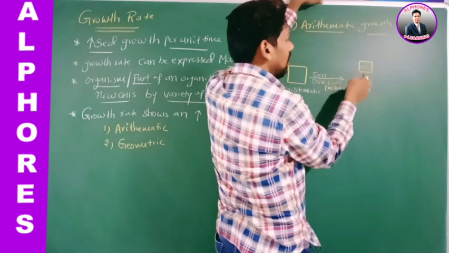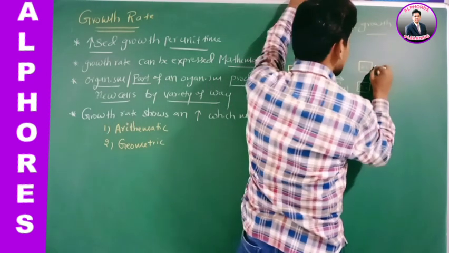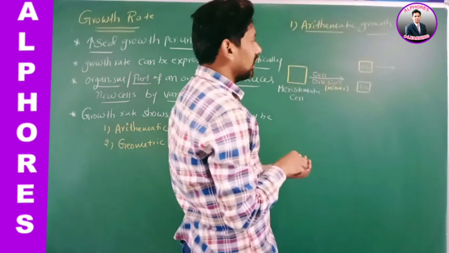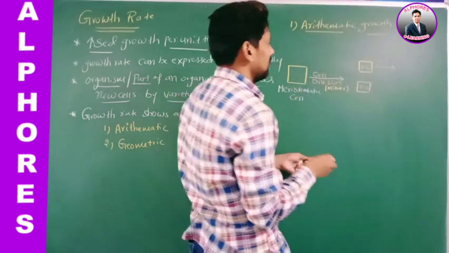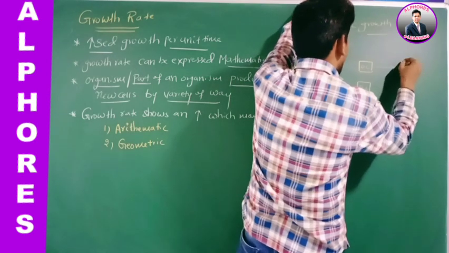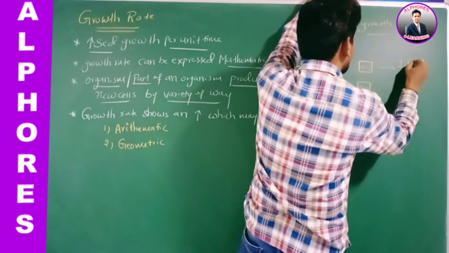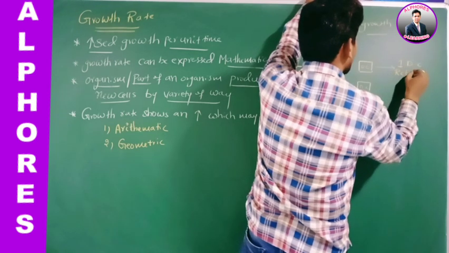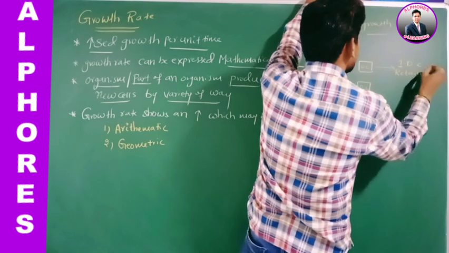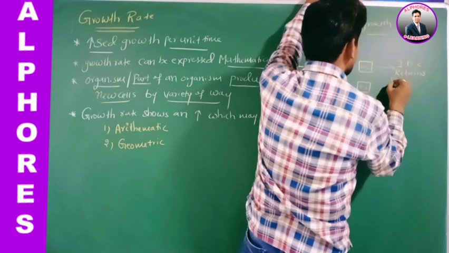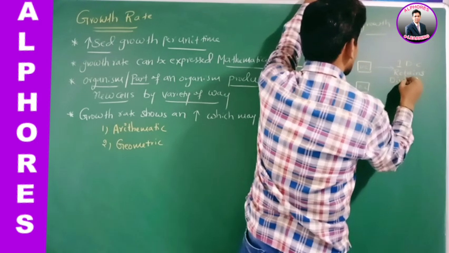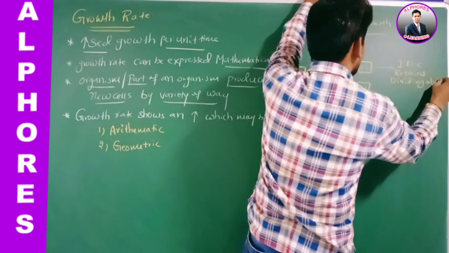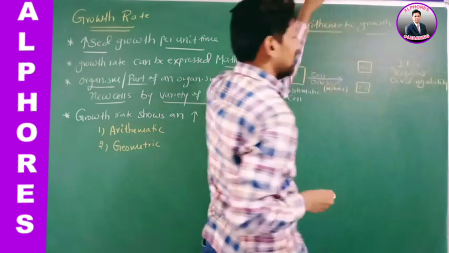For example, out of these two, this daughter cell retains the dividing ability.